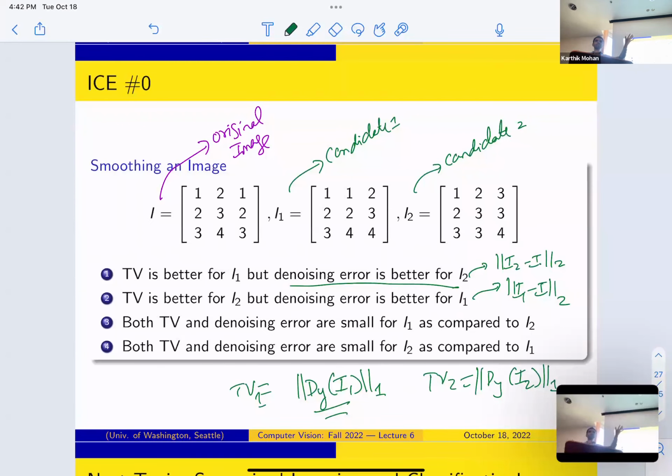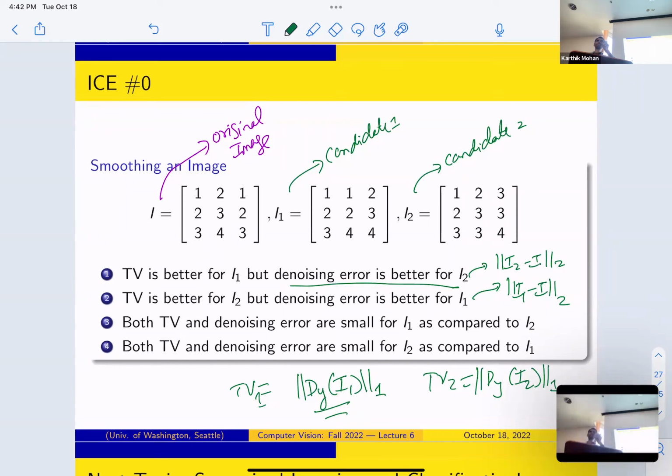One might be worse on this and one might be better on that. So that's why you have a regularization parameter, lambda, and then you look at the summation of both the errors, the TV plus the error. You look at that value and see which one has the smaller overall value. And that's what happened in assignment 2: you were looking at a trade-off and the algorithm picked the one that has the best trade-off.